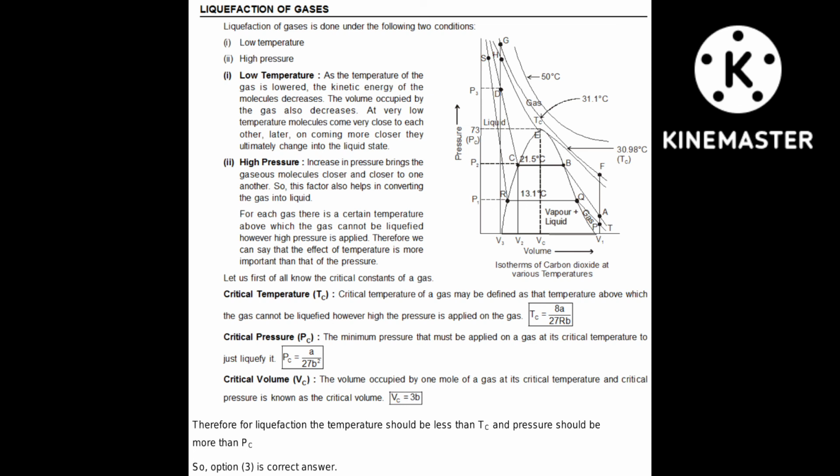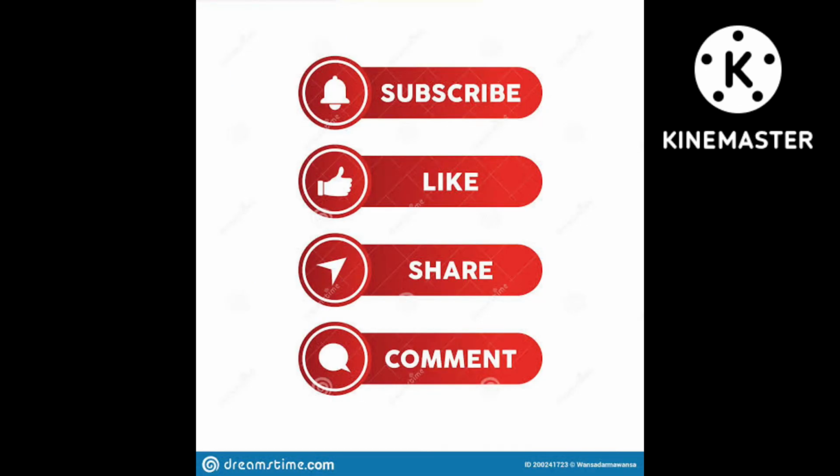Carbon dioxide: 304 Kelvin, pressure 73.9, and volume 0.0956. These are some critical constant values.